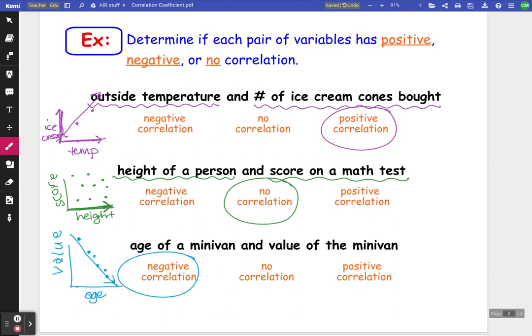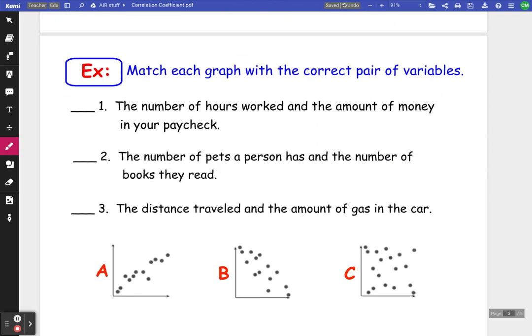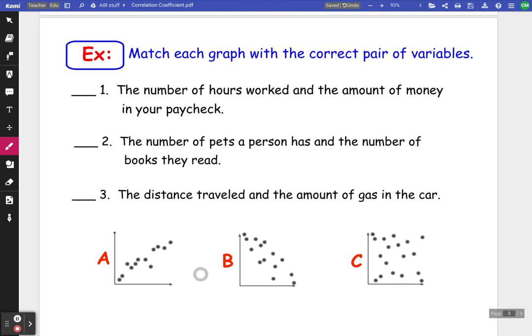So you've got to relate the two variables and see what kind of a relationship there is. Okay, so now match each graph with the correct pair of variables. So I'm going to start by looking at the graphs down at the bottom, and I am going to notice that this first one, A, tends to have a positive correlation.